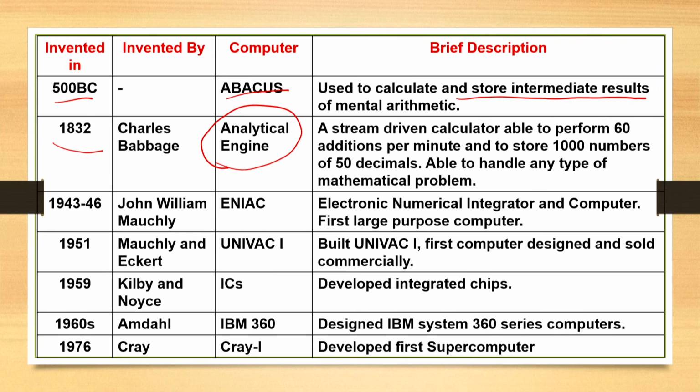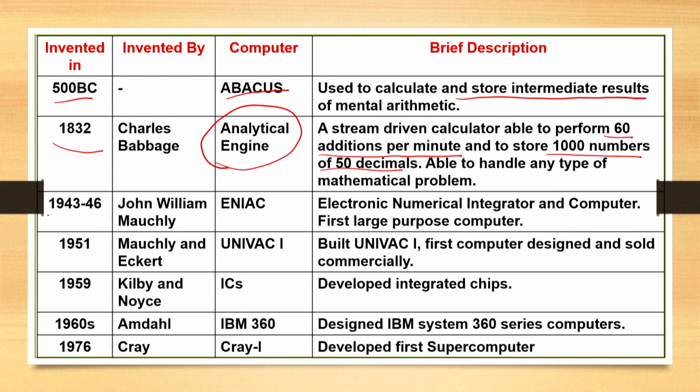What is done in analytical engine? A steam driven calculator. It is a steam driven calculator able to perform 60 additions per minute and to store 1000 numbers of 50 decimals. It is also able to handle any type of mathematical problem.